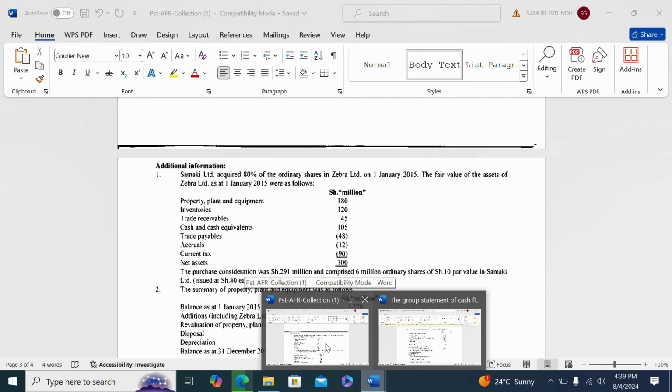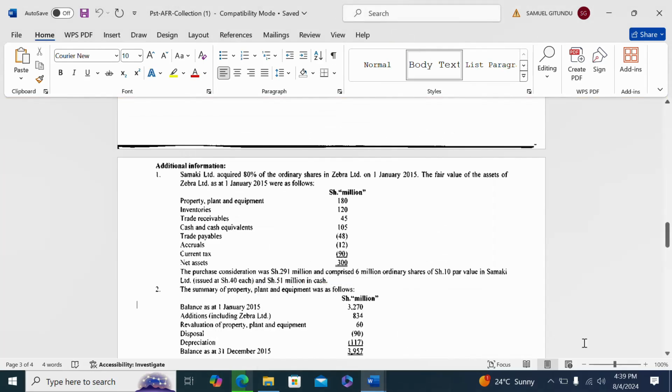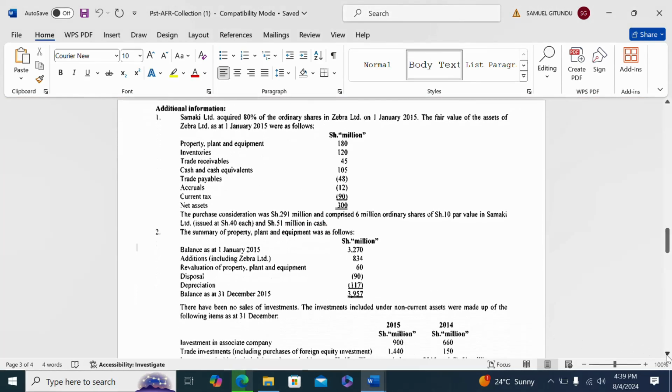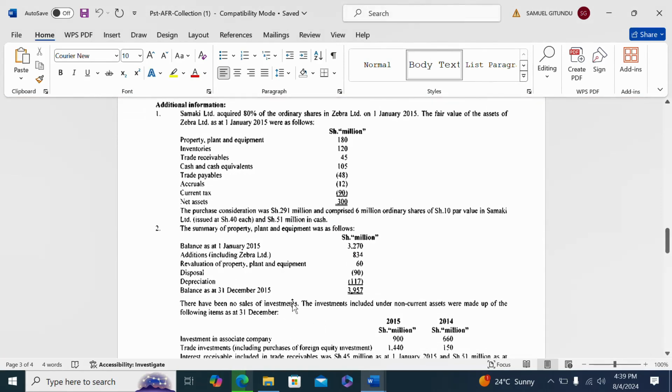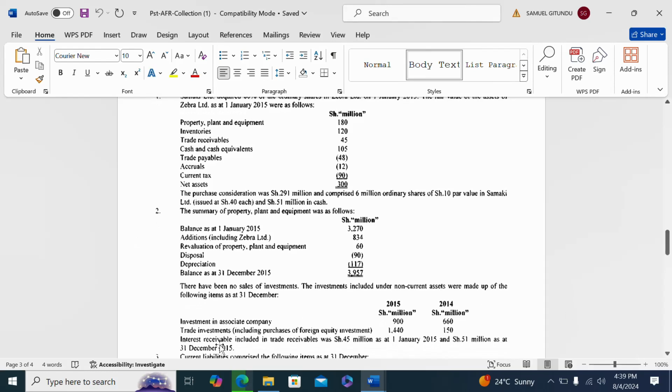How much is it? From the additional information number two, we have been told interest receivable included in trade receivable was 45 million as at January 2015 and 51 million as at 1st December 2015.